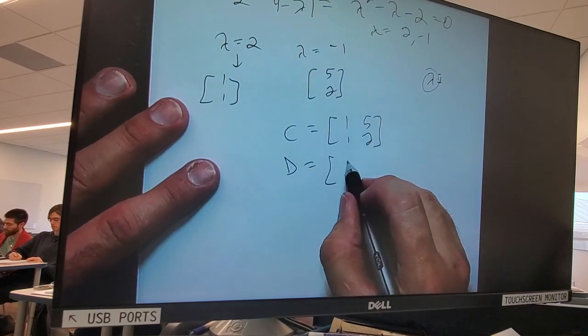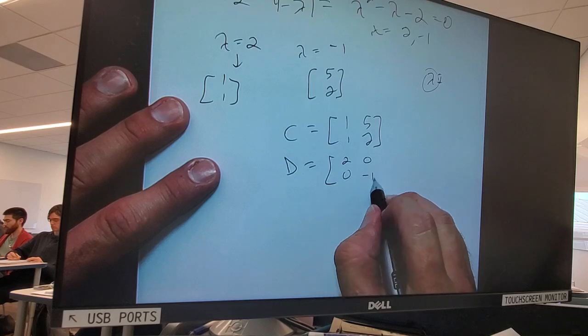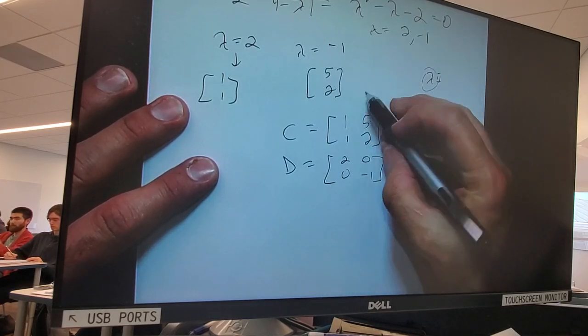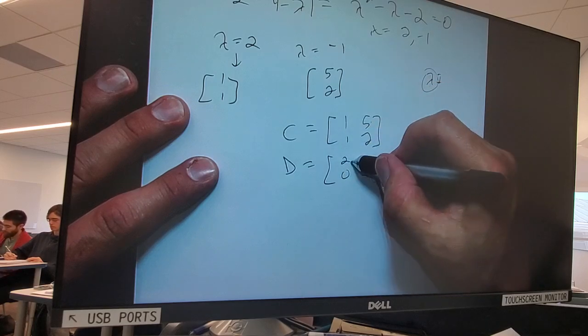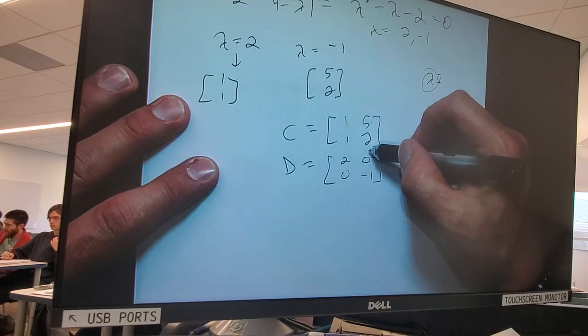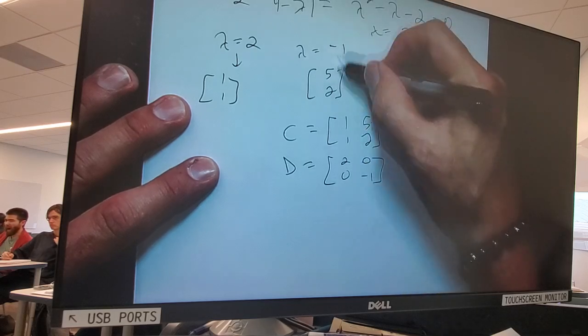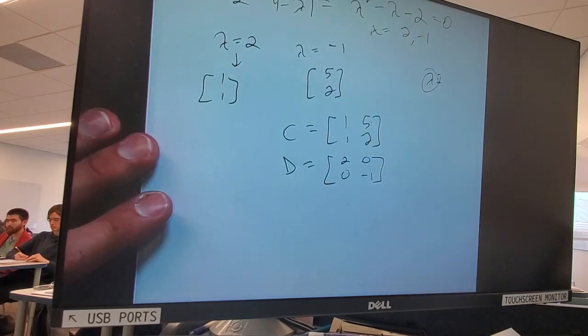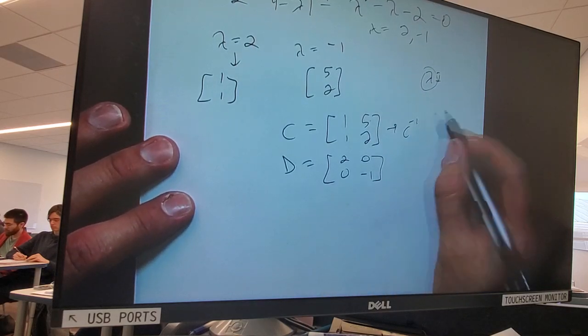I'm trying to give you a way to remember this: the lambdas have to go with the correct eigenvector. So this is first, so the 2 better be first, because that's where that came from. This is second, so the -1 better be second, because those two go together. Does that make sense? And can somebody tell me what C inverse would be here?